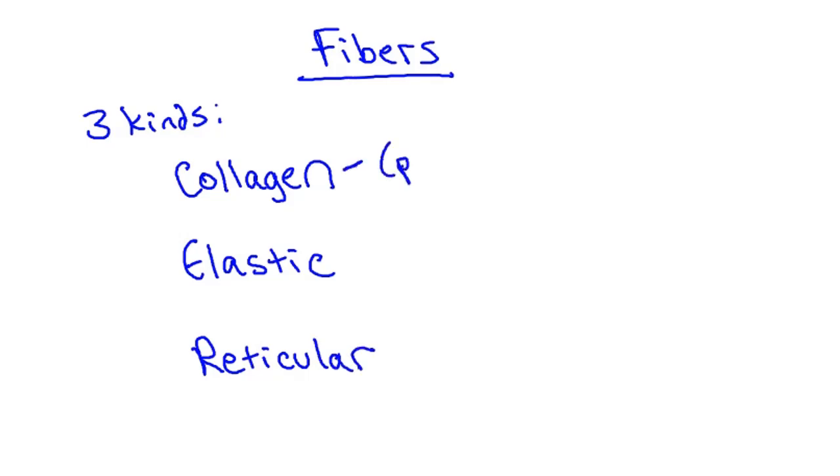Collagen is made out of protein. It's a protein, and it's tough and flexible. It's actually stronger than steel. So if you were to take human collagen and make a long string with it, it would be tougher than a steel string.